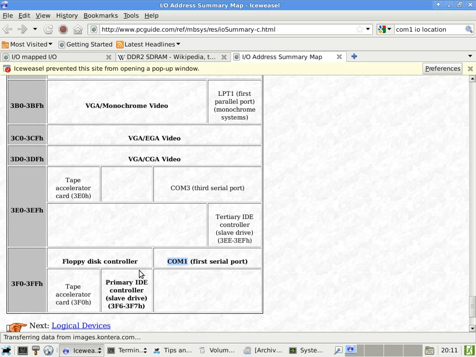Each I/O location may correspond to a particular I/O device. So in this case, COM1, the first serial port on older computers, will use up certain addresses in the I/O space from 3F0 and the next 8 locations or so. Okay? So what are we going to do with those locations? Well, those locations store something that is really interesting. For instance, one location may specify the baud rate. Okay, how fast is the serial line going?